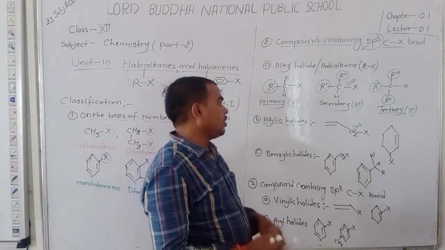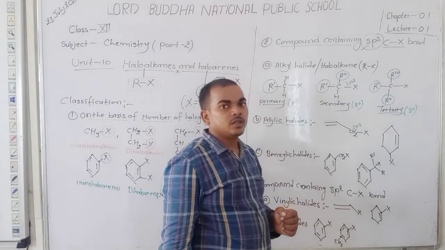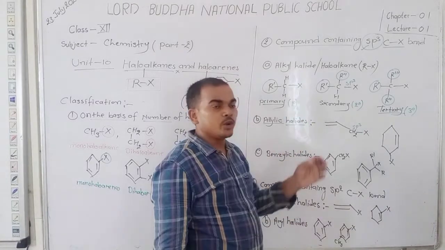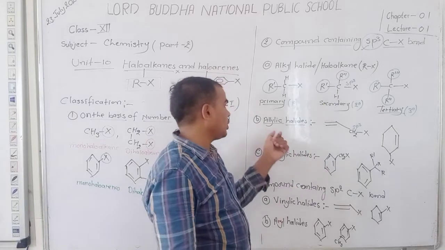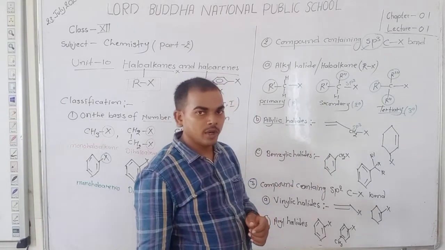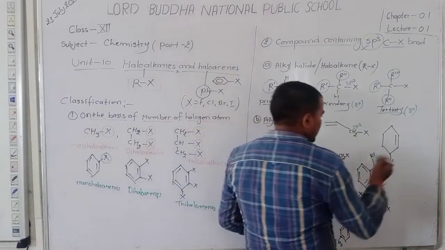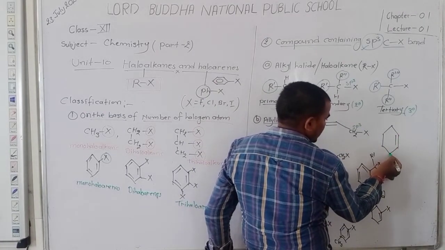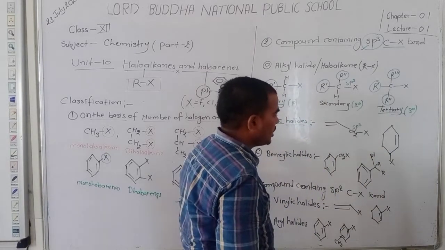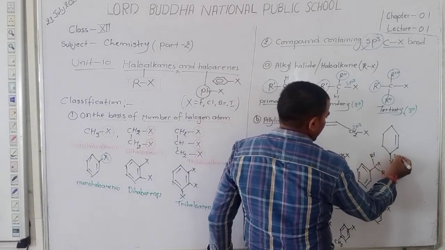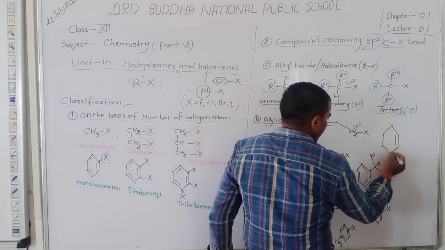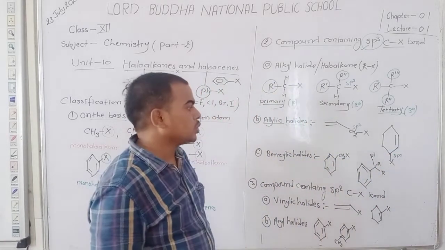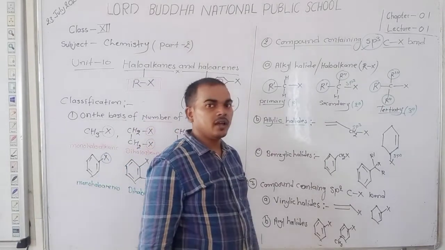If an sp3 hybrid carbon is next to a double bonded carbon, it is known as an allylic halide. In this example, multiple bonds are present and at this carbon a halogen is attached. This carbon is sp3 hybrid and is directly attached to the double bonded carbon, so it is also known as an allylic halide.